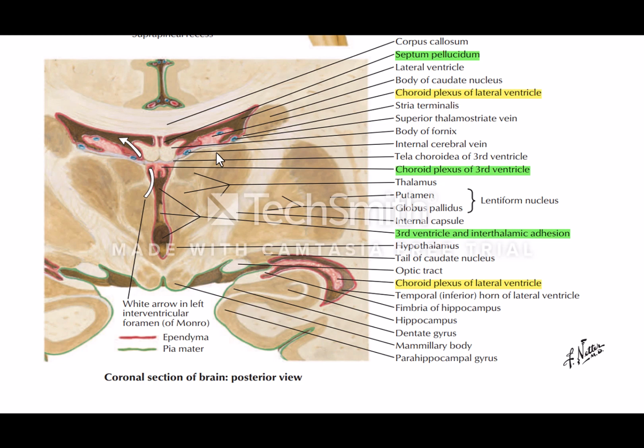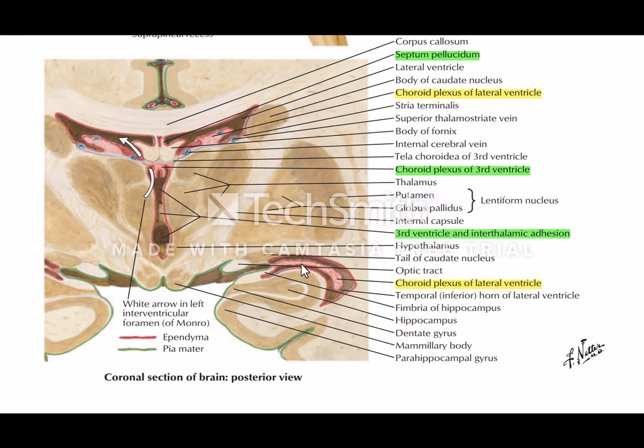You can see a lateral ventricle right up there, and you still have lateral ventricle right down. The lateral ventricle is a large and extensive cavity, and it's C-shaped, and it extends from the frontal lobe of the cerebral hemisphere as far posteriorly as the occipital lobe.